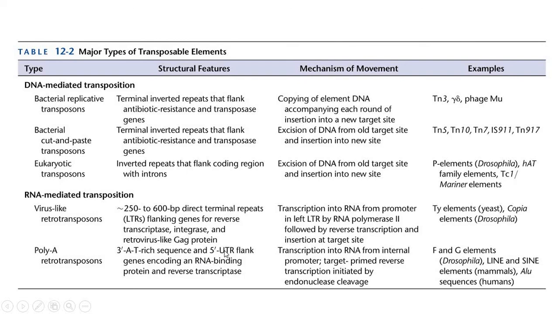The promoter region is in the 5' UTR. Examples of poly-A retrotransposons are F and G elements in Drosophila, LINE and SINE elements in mammals, and Alu sequences in humans. And these Alu sequences make a pretty large part of the human genome.